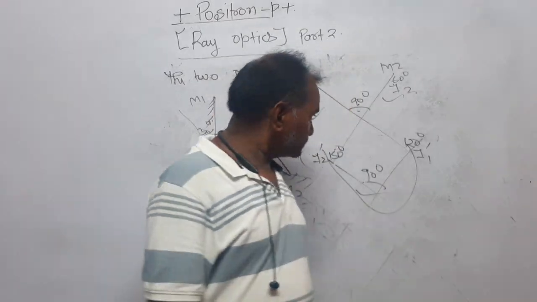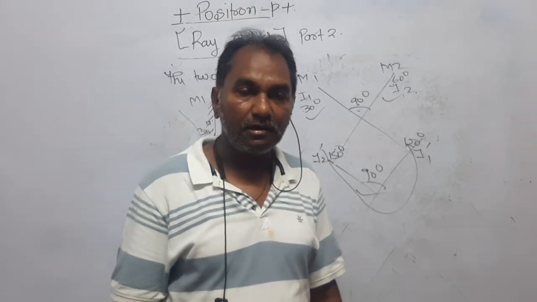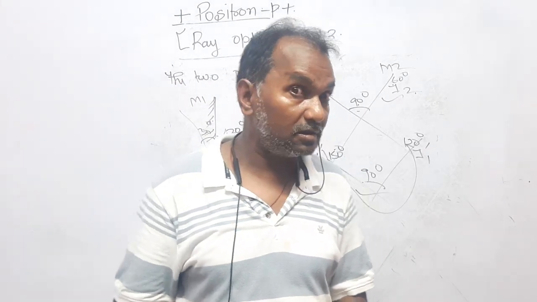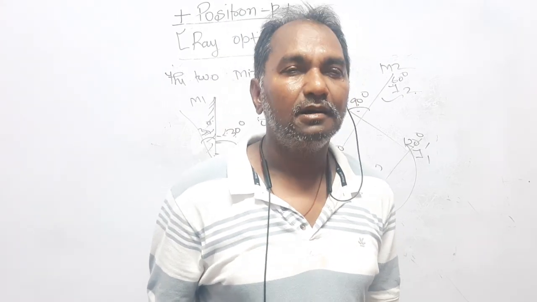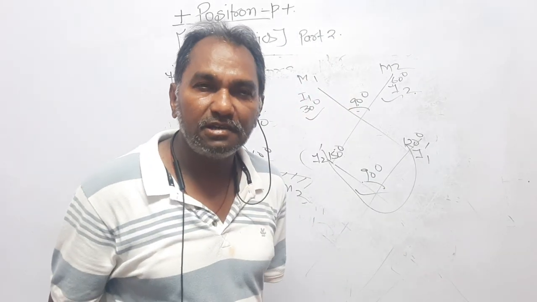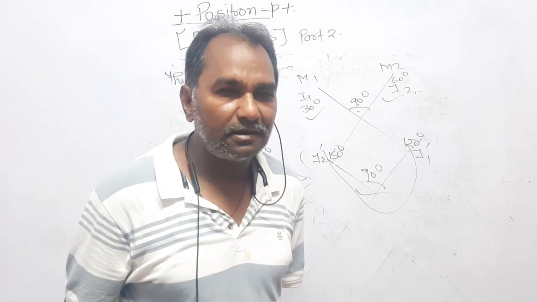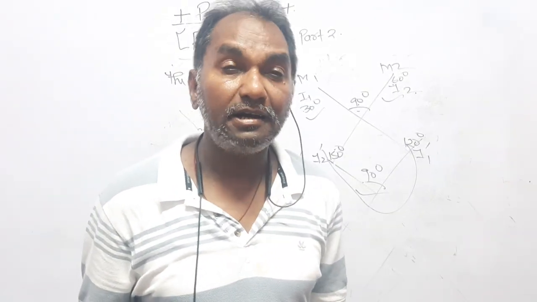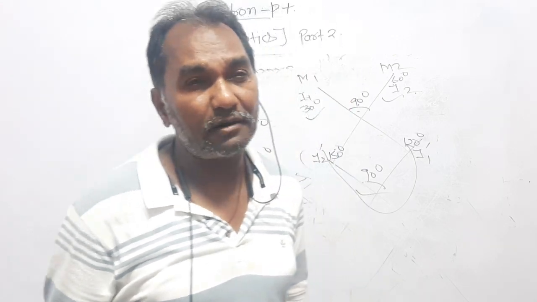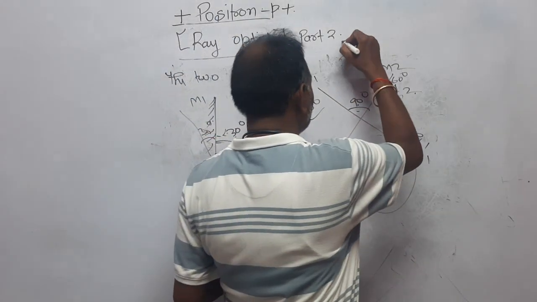Dear students, this is the way: the number of images m is equal to n minus 1, where 360 upon theta is n. Let the two mirrors M1 and M2 be inclined at an angle theta, and 360 upon theta is equal to n. If n is even, then the number of images will be m equal to n minus 1.